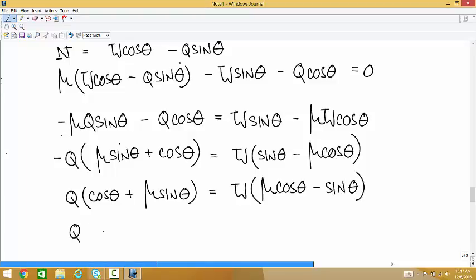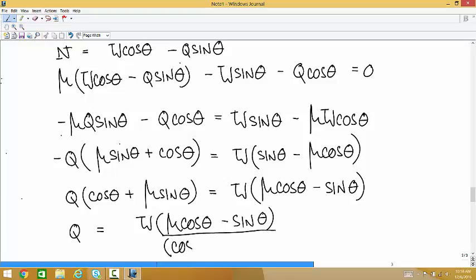And then Q is equal to W times mu cosine theta minus sine theta, divided by the quantity cosine theta plus mu sine theta.